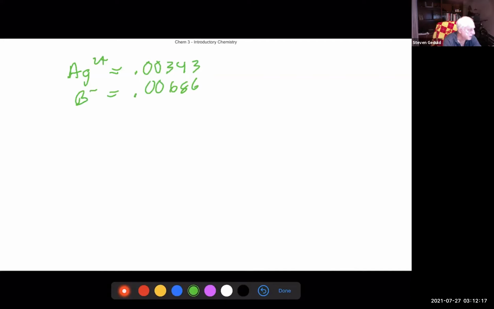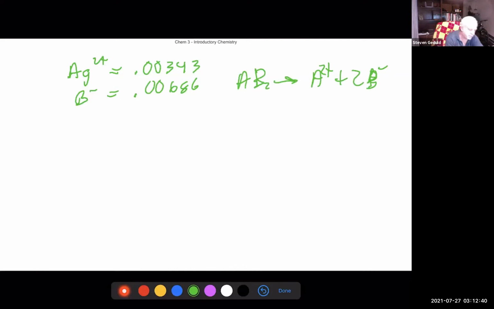So the salt is AB2, which goes to A2+ plus 2B minus, because it's A2+ and B minus.